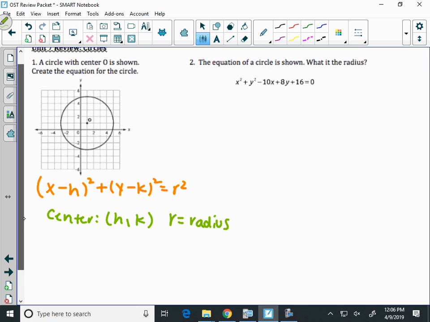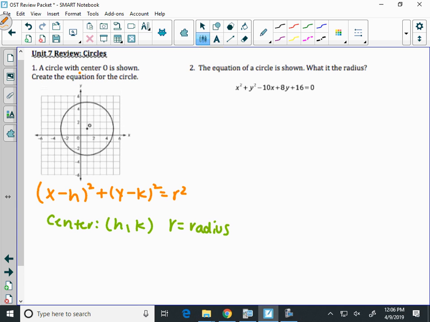What are the coordinates of our center? It said center O, so you go to where O is. What are the coordinates of that? 1, 1. And then we look and see what is the radius. Is that all the way across or halfway across?